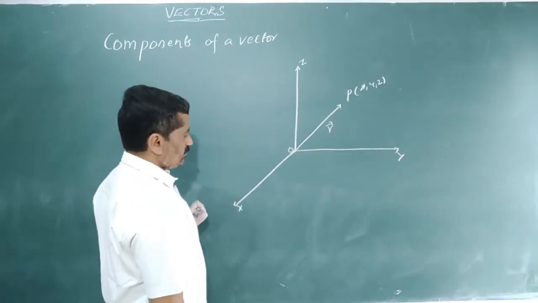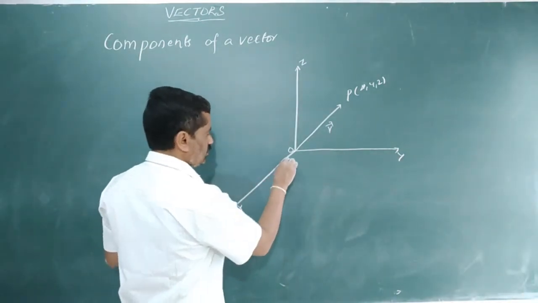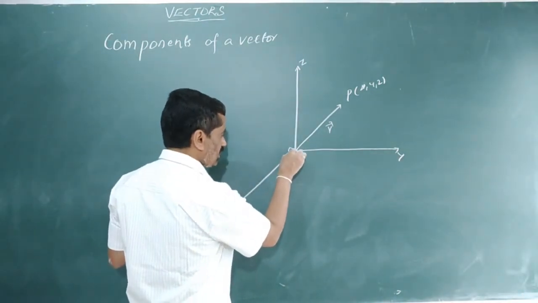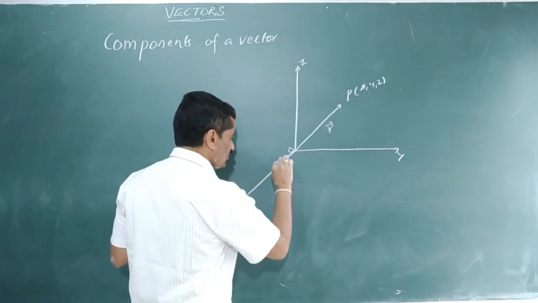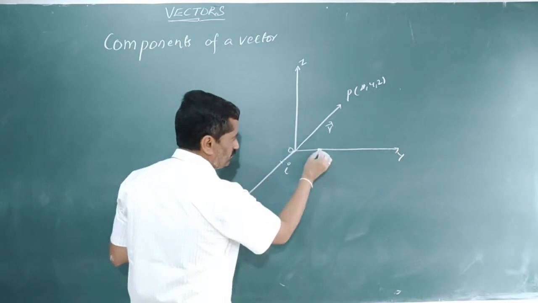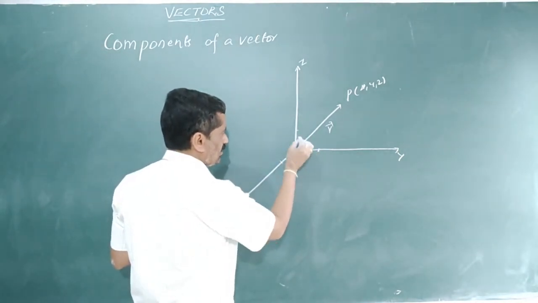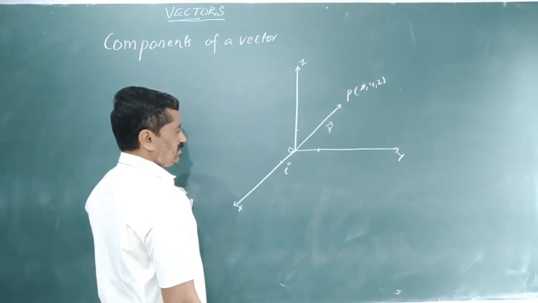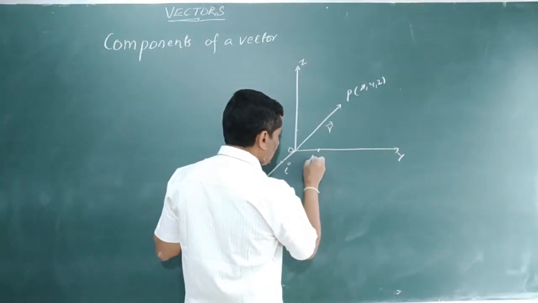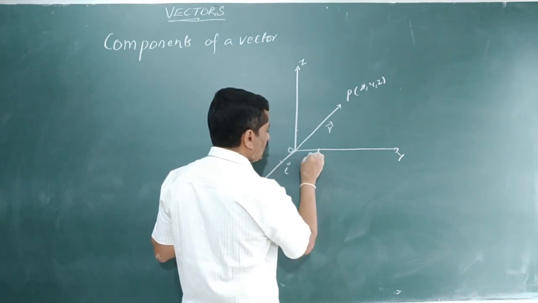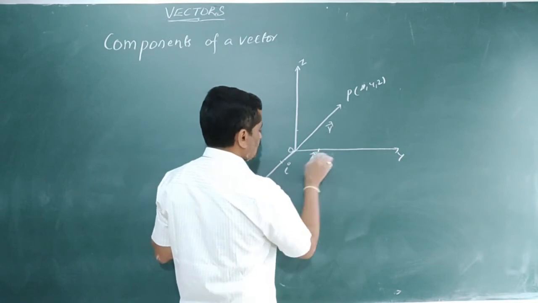Again let i be the unit vector in the direction of the x-axis, a unit vector that is having one unit, for example 1 centimeter. Let j be the unit vector in the direction of the y-axis.